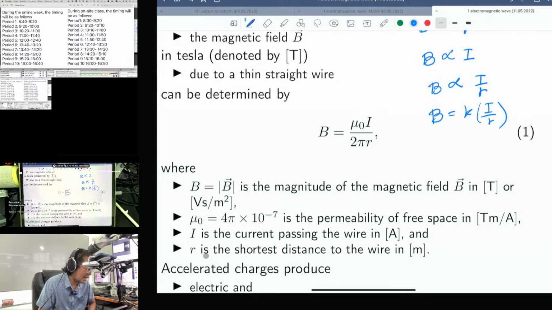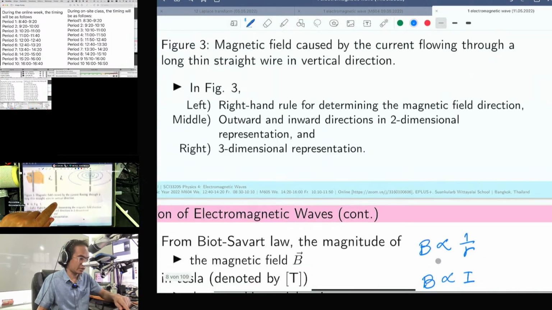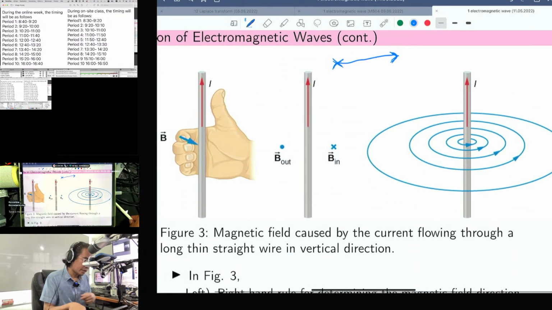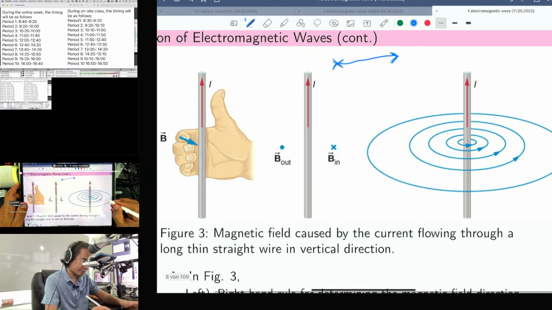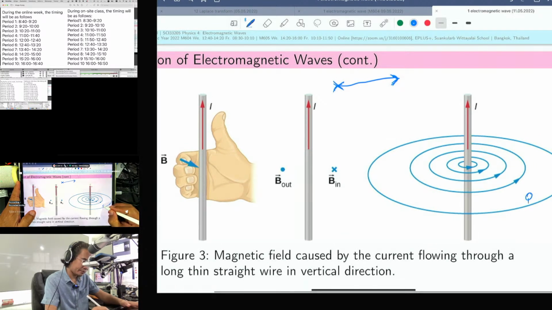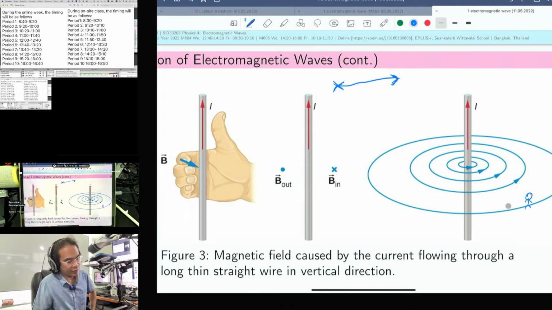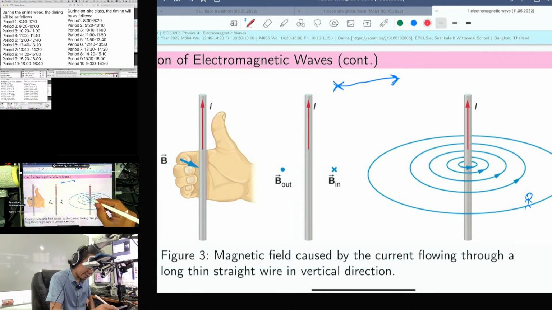The distance R is the shortest distance to the wire. Okay, what does that mean, shortest? If you stay here and you want to feel how strong the magnetic field you could receive from the current movement in this long straight copper wire, it means you have to measure the distance directly from the wire to your location, this point.